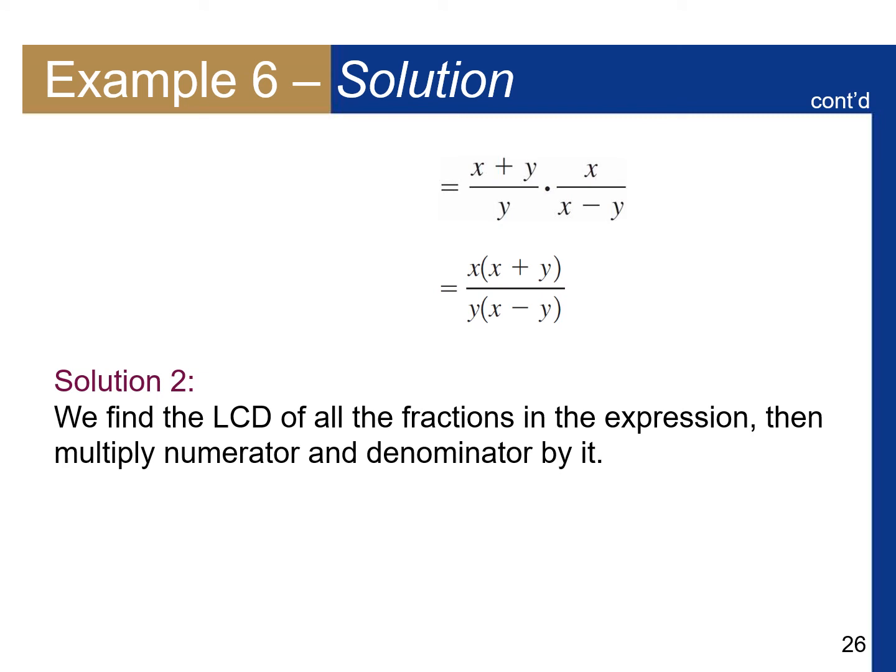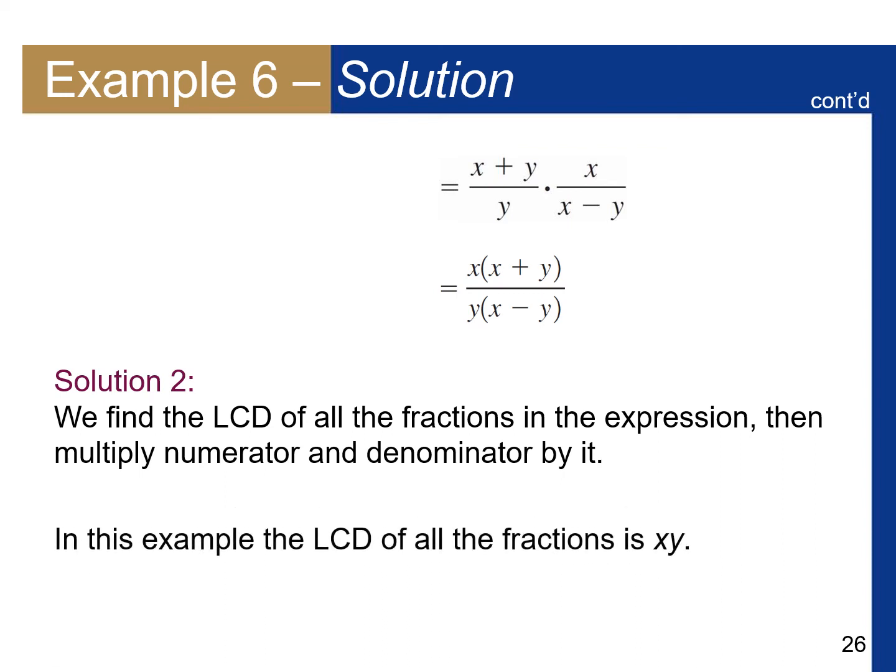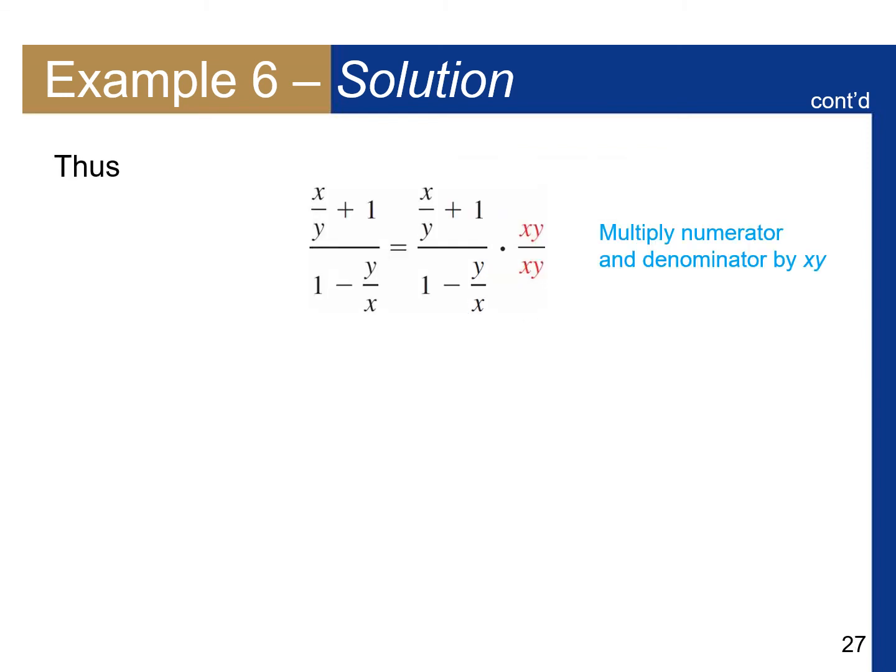Solution 2, find the LCD of all the fractions of the expressions and multiply the numerator and denominator by it. You can do that as well. I prefer this first one, but if you want to do the second one, you can look at the LCD being x over y.